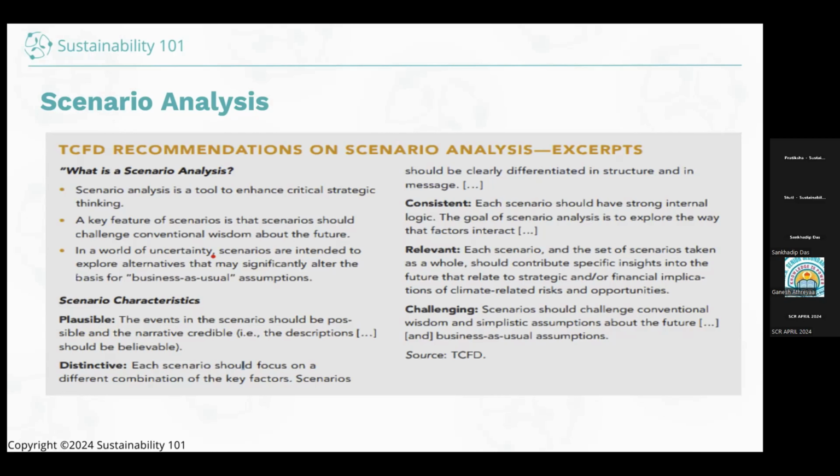So the characteristics of these scenarios are a very, very important exam question point. You will get multiple MCQs where they will give you some scenarios and ask whether the scenario is fine. They would not qualify because they might not be possible, they might not be distinctive, they might not be consistent, they might not be relevant, or they might not be challenging enough.